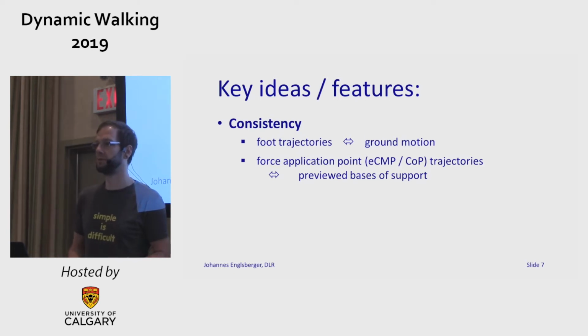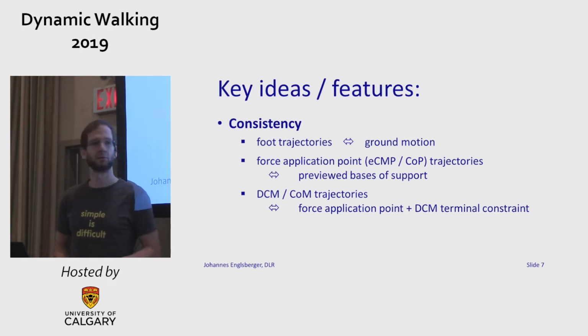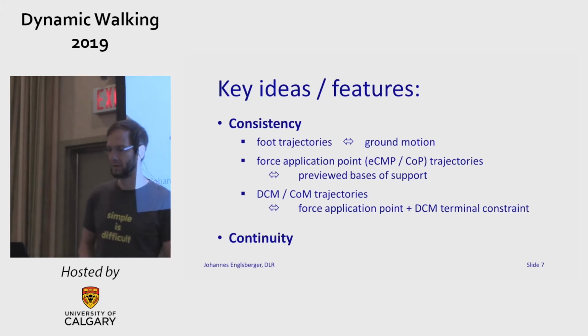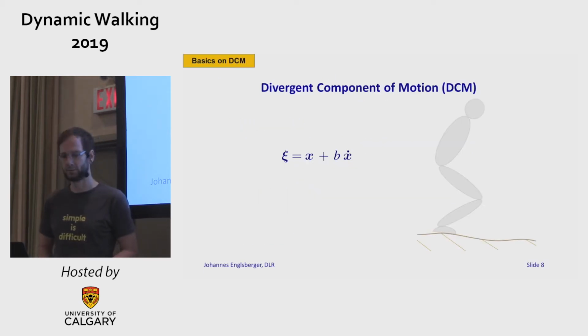So basically these should be feasible. And the DCM and center of mass trajectories should be consistent with the force application points and with the DCM terminal constraint, making sure that in the end you come to a rest, so you don't fall over. The second key idea is continuity, which I will show helps for very precise tracking.